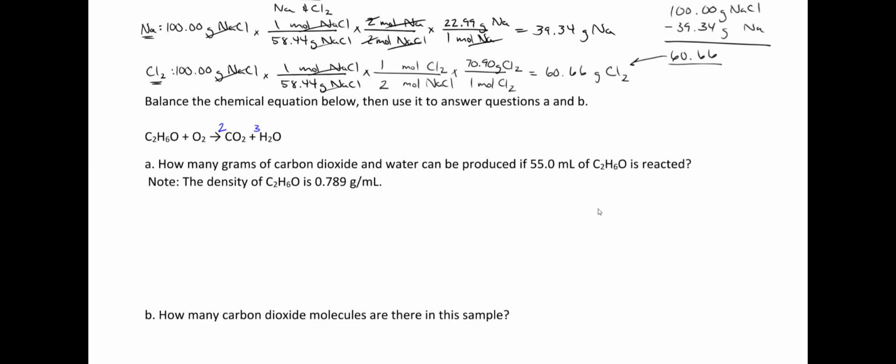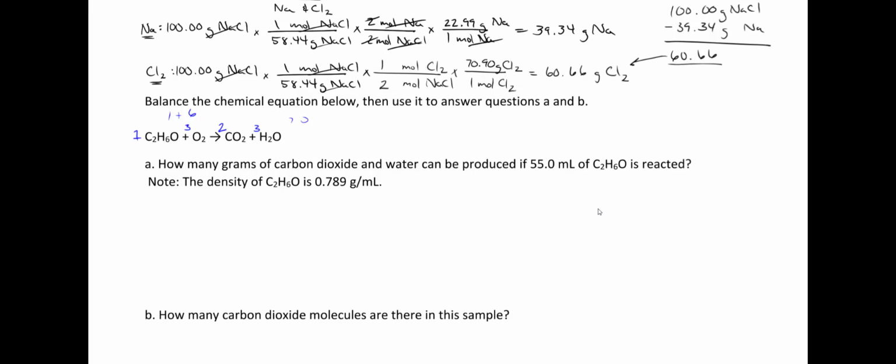That's not going to be enough because on this side I have 2 times 2, or 4 plus 3. I have 7 oxygens on the right. Over here I have 1 plus, if I want to get to 7, that needs to be 6, right? 1 plus 6. So how do I make this 6? I put a 3 in front. And if I'd like, I can write a 1 in front of the ethanol.